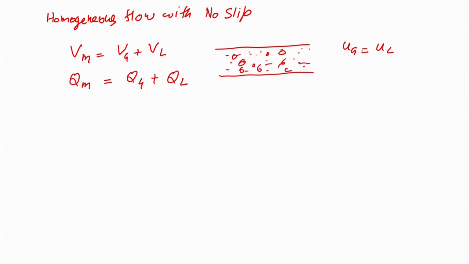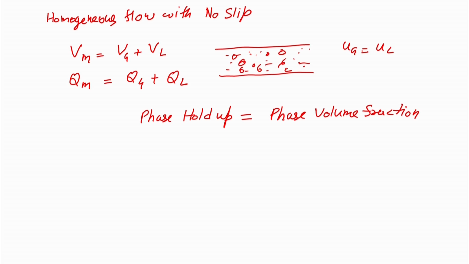So what happens with no slip? No slip means that the phase hold up is equal to the phase volume fraction.